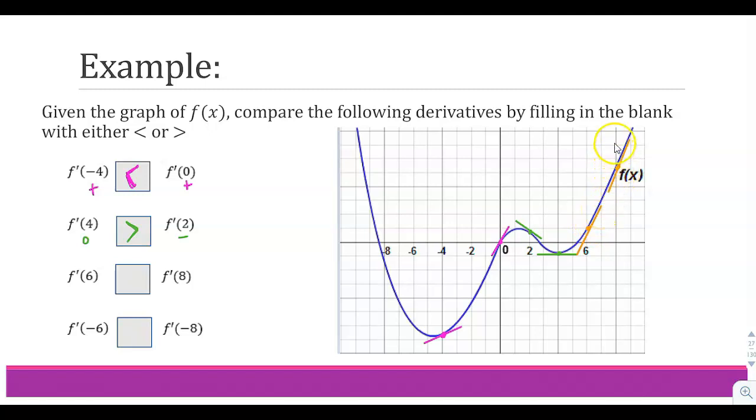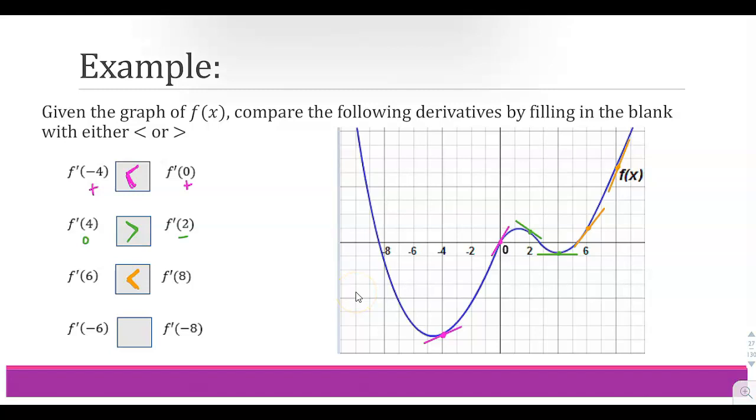So if I think about rise over run, I know that it's kind of subtle. Maybe I should redraw the one at 6 for a second, because that one would probably be just a little bit flatter. It's not perfect with my software, but we can see that the slope over here at the x value 8 would be steeper, would be a bigger number than here at 6. So f prime of 8 is the bigger one. f prime of 6 is less than f prime of 8.